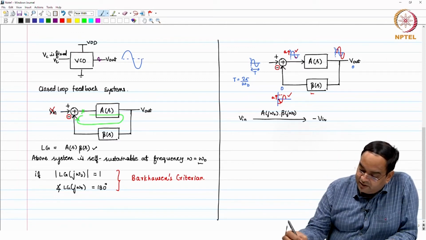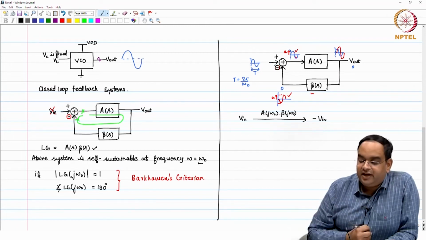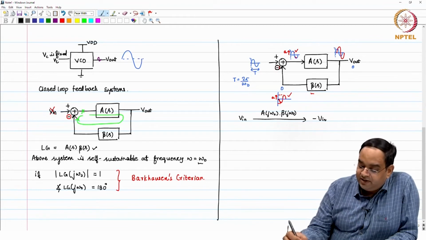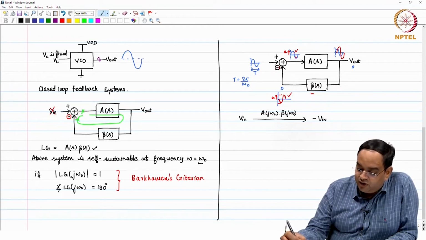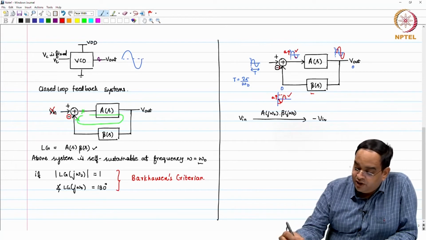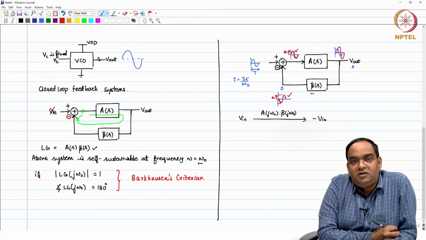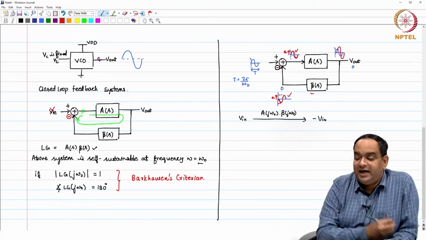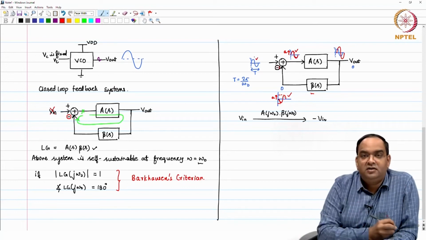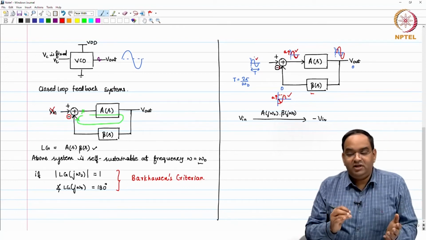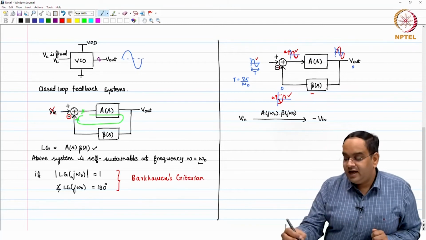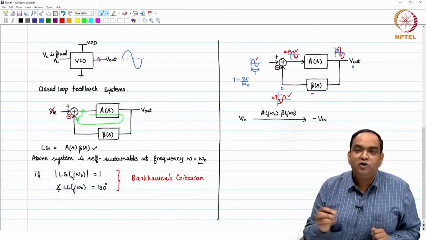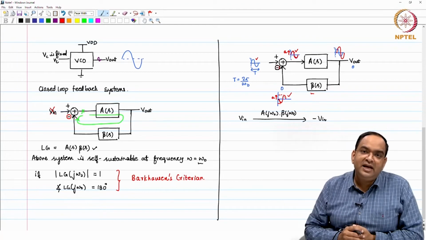If I get that minus V in and you have a negative sign sitting here, this negative will invert the signal and you are going to get the same signal here. So now you think that you provided the sine wave to begin with, and then the system itself is also feeding the sine wave.